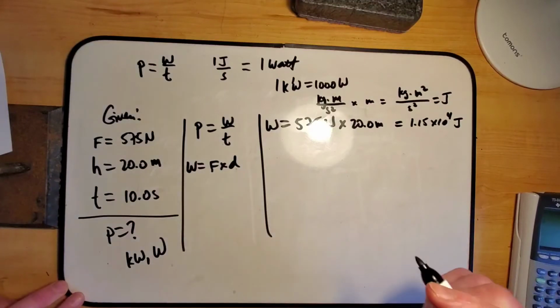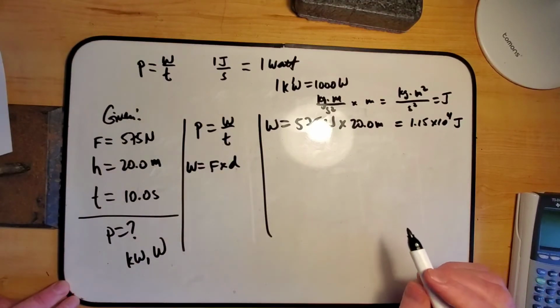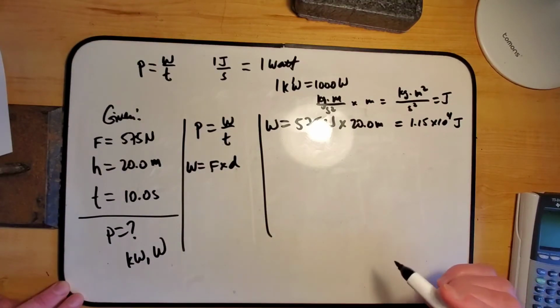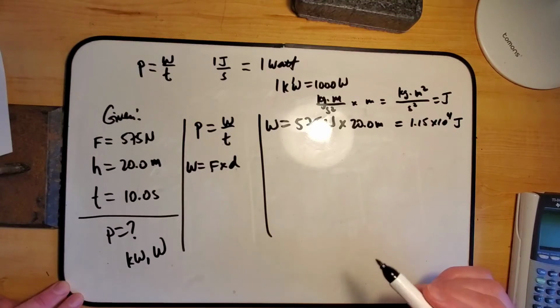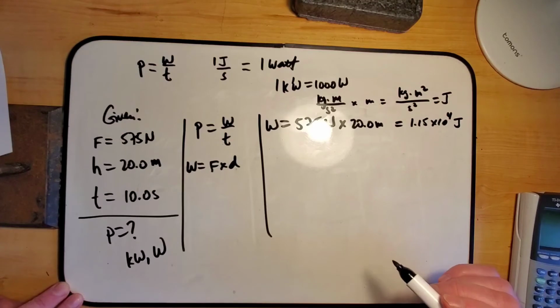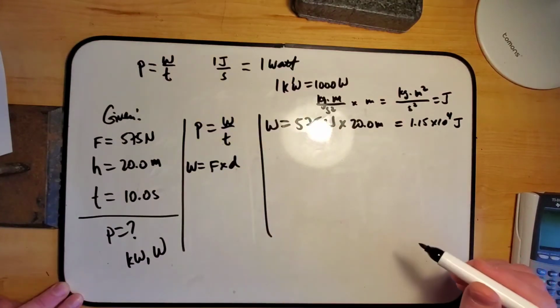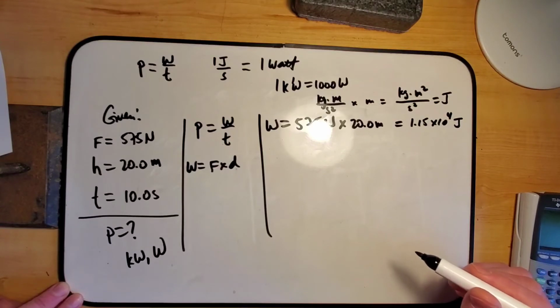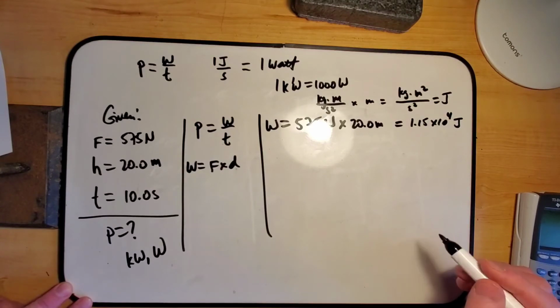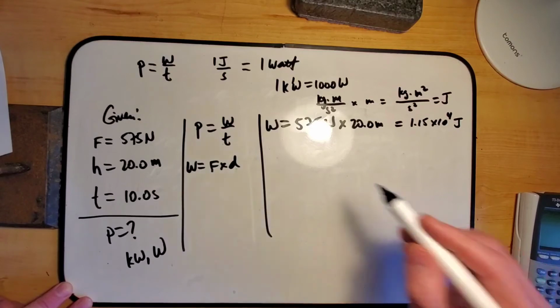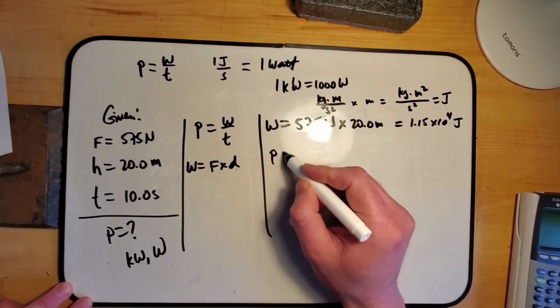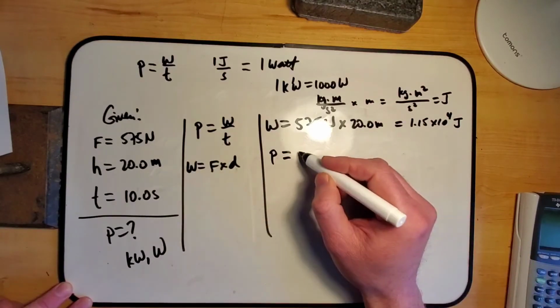Okay, so I found the work. How do I find the power? Well, again, we just talked about it: it is the rate at which the external force changes the energy of the system. And the rate is, of course, the work over time. So it gives you, per certain time, how the work is changing the system. So my next move: P is equal to W over t.